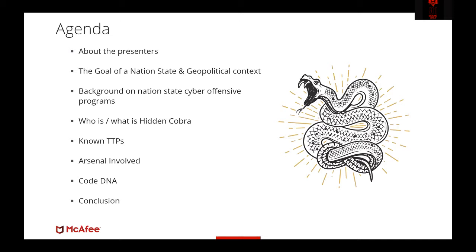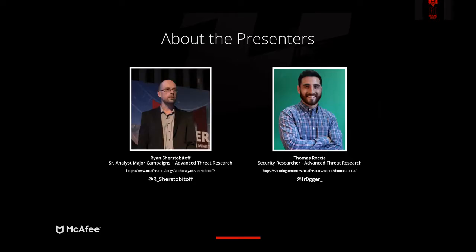We'll also discuss what is Hidden Cobra, and what are the known techniques, tactics, and procedures, followed by a review of the tooling, as well as some interesting insight from Thomas about code overlap and data science models that we've done previously. We introduced ourselves a little bit here, and so let's move on.